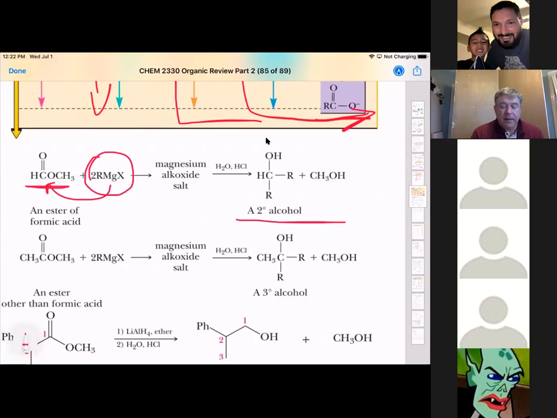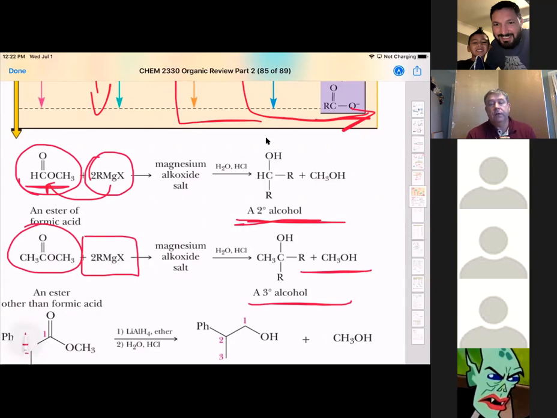So in this case, we have a formate ester generates a secondary alcohol, but most esters, like this regular ester right here, will generate tertiary alcohols after the addition of two equivalents of your Grignard reagent.